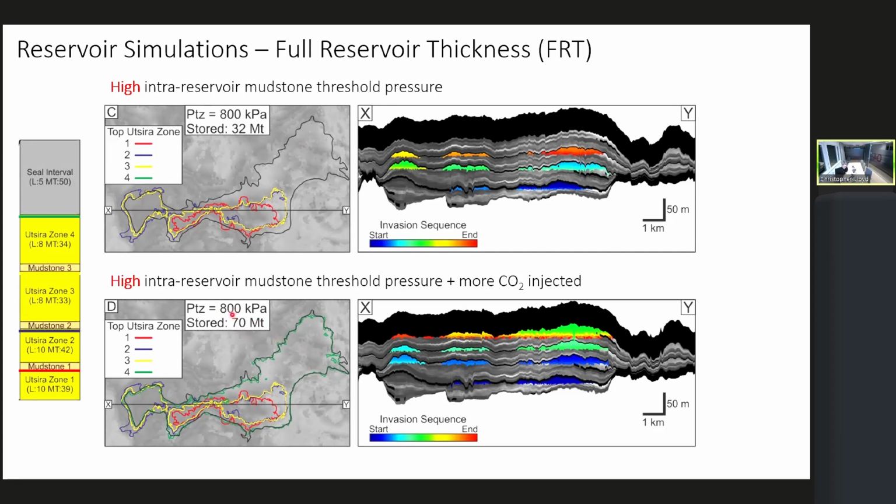We did actually increase it even more than this, which again could still be realistic, but it's on the upper end of it, and then we saw that in zone 1, the red one, the CO2 actually migrated beyond the structure. That's something we want to avoid, because then it doesn't use up any of the overlying aquifer. It would go outside of our control.